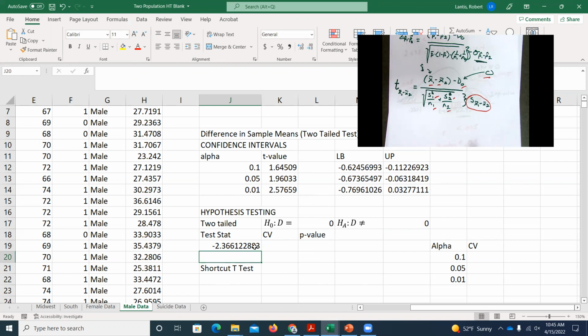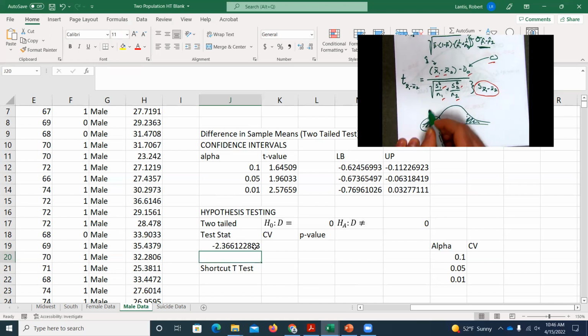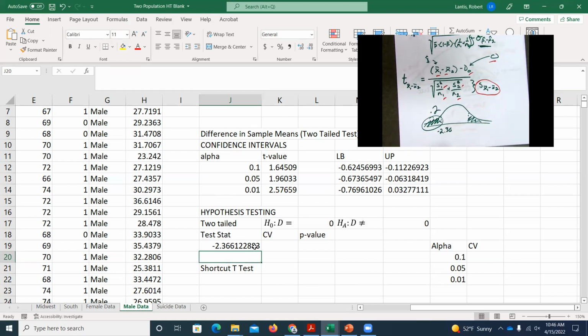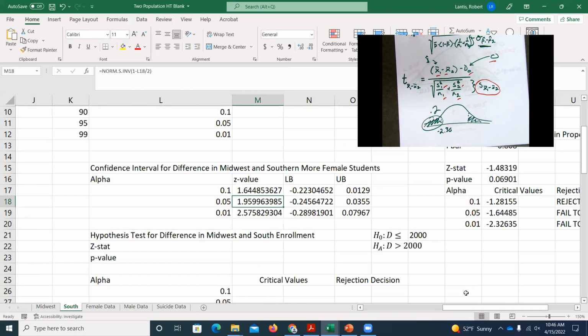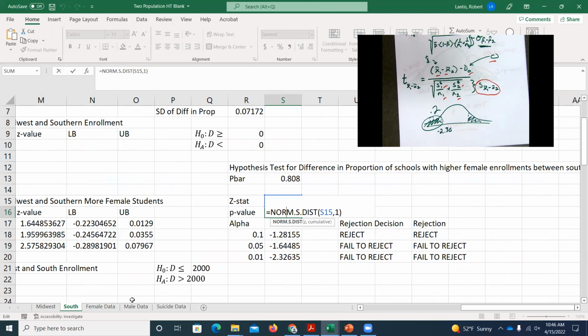If I wanted to find the p-value, remember, here's my test statistic, negative 2.36. I can find the area to the left, but I've got a two-tailed test, so I'm equally as likely to see evidence on the other side that went against the null. So I can find this and then multiply it by 2. Last class with sample proportion examples, we used the norm.s.dist function.